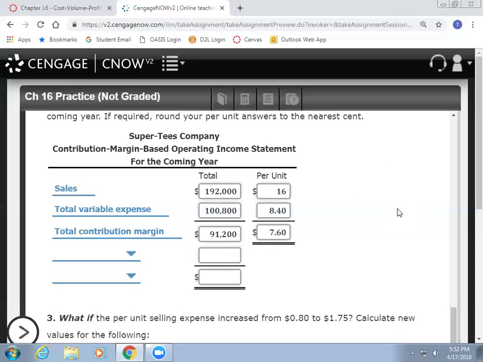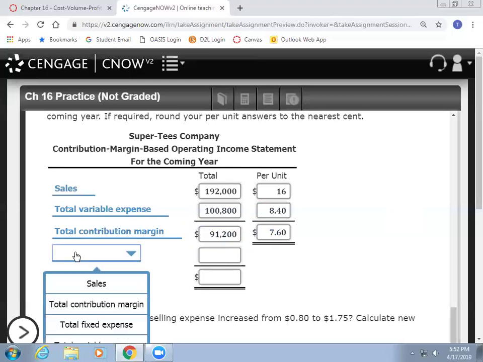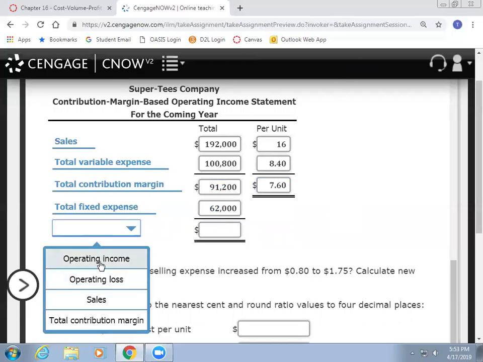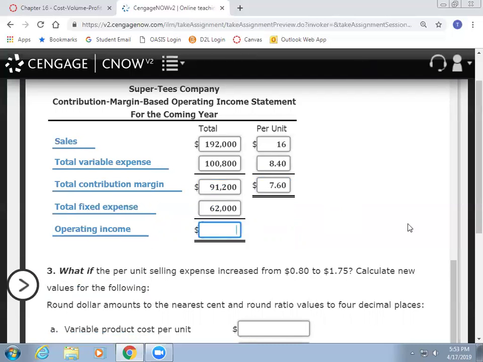Then we carry it down and subtract out our fixed expenses, which we already calculated at 62,000. We subtract those, and we should get operating income of 29,200.